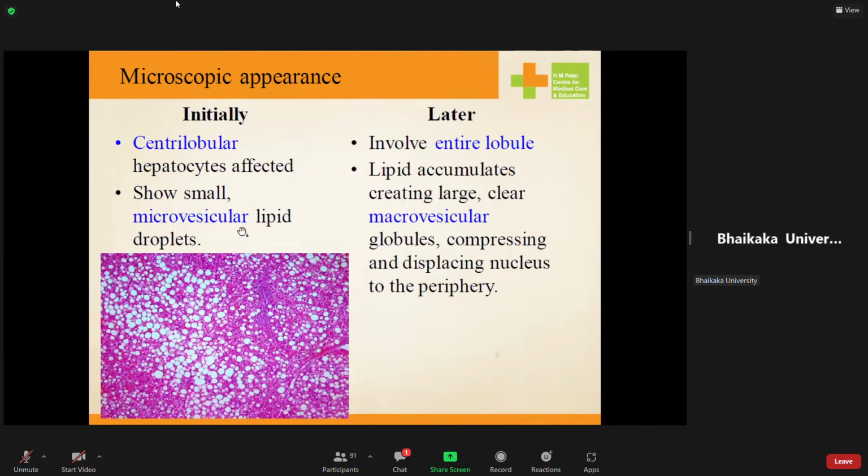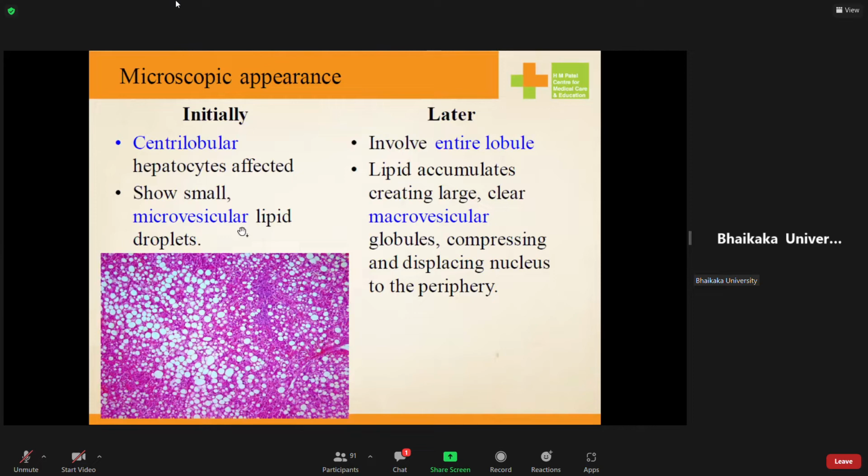But as the disease develops, the entire lobule is involved, and these small multiple microvesicular lipid droplets accumulate together and form a large clear macrovesicle, and we also call these macrovesicular globules.